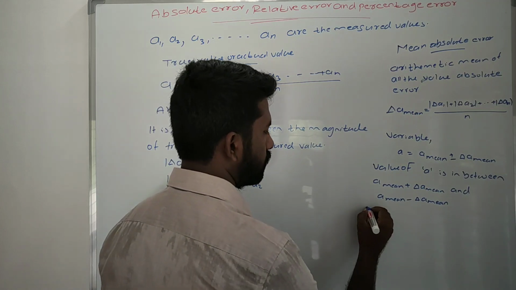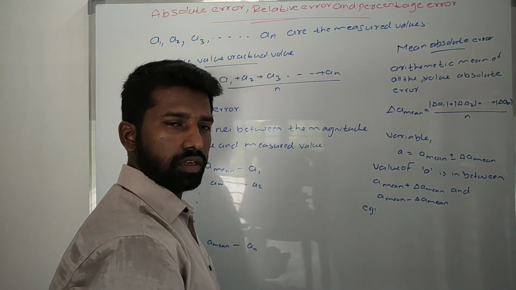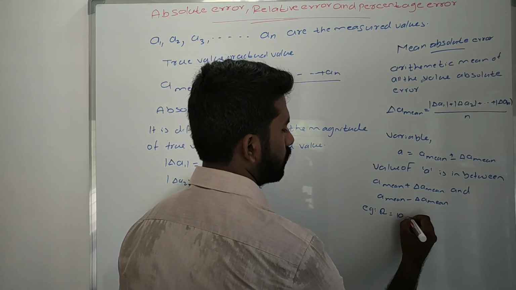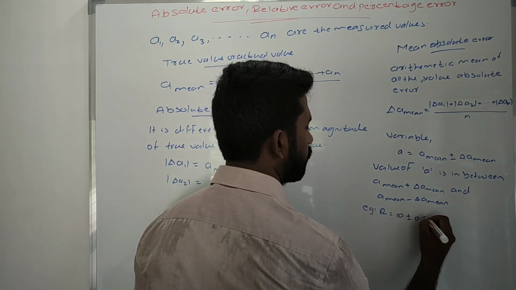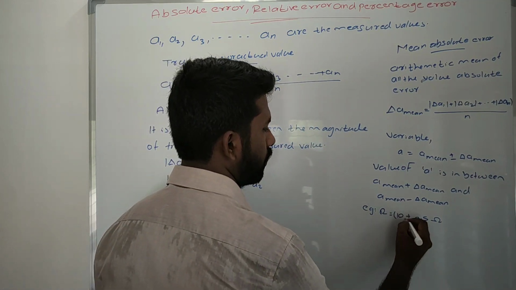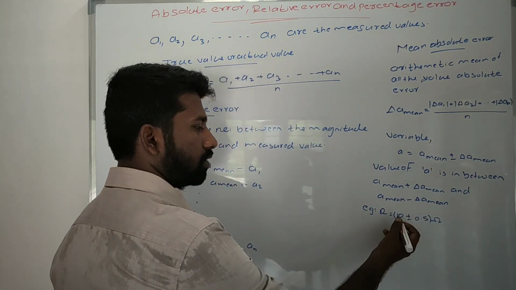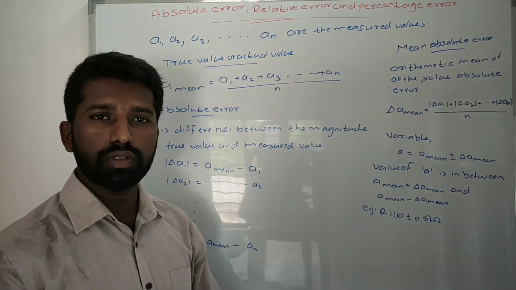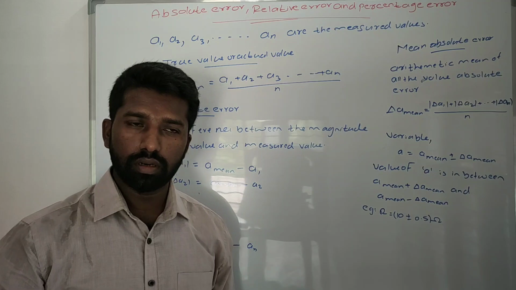Does anyone have a doubt? I'll take an example. Suppose a person measured a resistance as 10 plus or minus 0.5 ohm. From this, 10 is the true value and 0.5 is the mean absolute error.